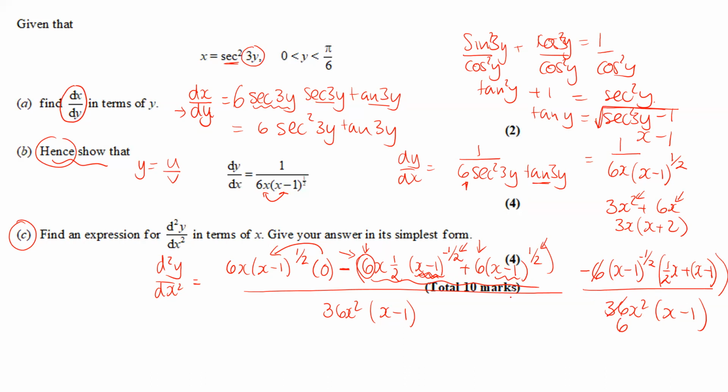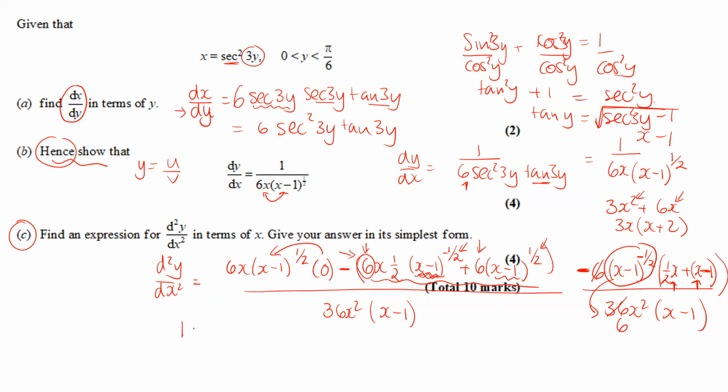And what I'm going to get on the top when I times this out, this 6, this x minus 1 to the minus a half, the minus will take that underneath. So we're not going to have enough room here. So altogether on the top, this minus will go in here, and I'll have a half x plus an x, so that's going to be 3 over 2, but it's going to be minus, and then I'll have a minus 1, but minus minus 1 is going to be 1.